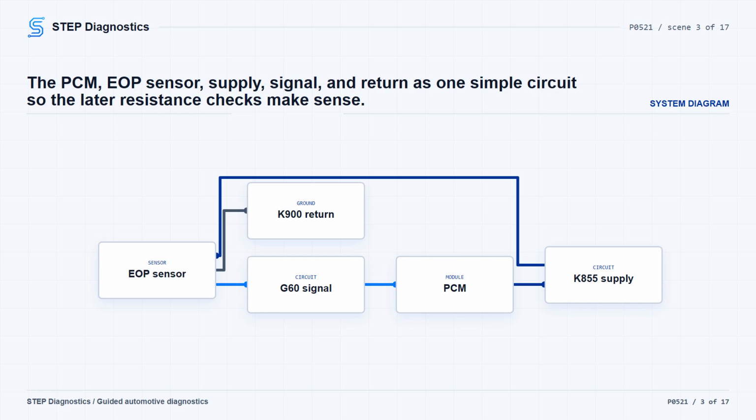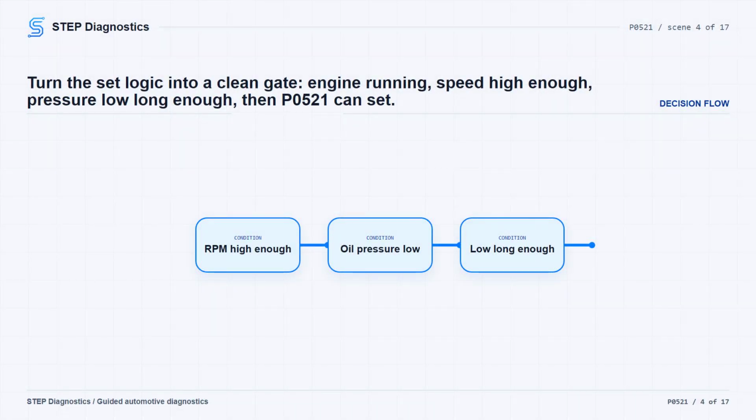For this fault, think of the running conditions as the monitor gate. The engine has to be running, and engine speed has to be above 1,150 RPM. The fault sets when engine oil pressure is below the calibrated specification for more than 29.8 seconds with engine speed at or above 1,150 RPM.